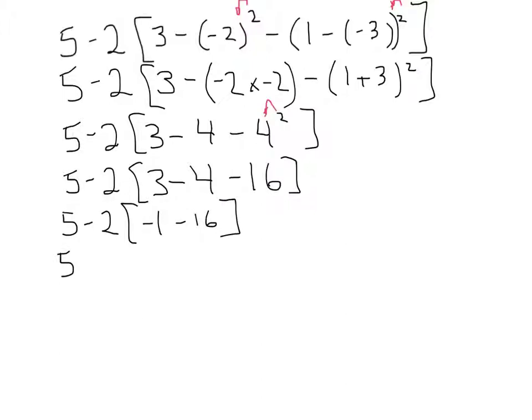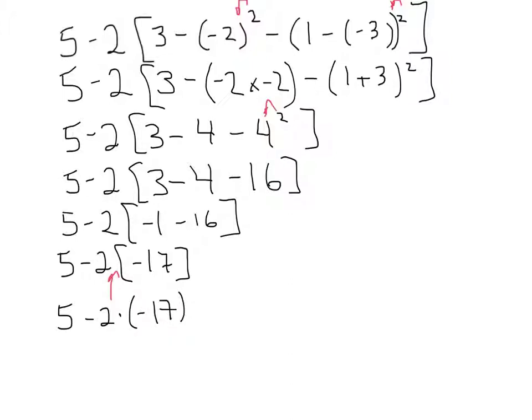So then we have 5 minus 2. And in the parentheses, we have negative 1 minus 16. So that's negative 1 plus a negative 16, or negative 1 and then going 16 further down. So that's negative 17. And now we have to interpret what's going on right here. And that tells us that we should be doing an implied multiplication. So we could actually even just rewrite this problem as 5 minus 2 times negative 17.